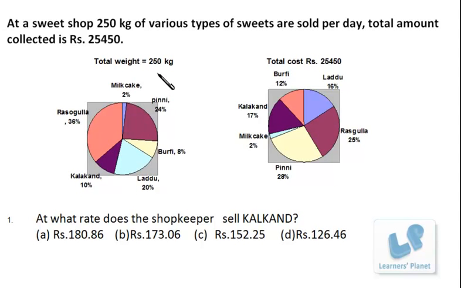That is what this pie diagram is conveying. Now here the total cost is 25,450 rupees. Burfi makes up 12% of that, kalakand 17%, milk cake 2%, pinni 28%, rasgulla 25%, and laddu 16%.